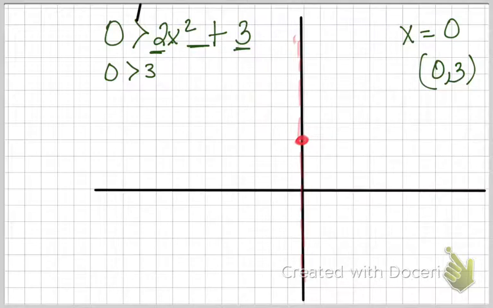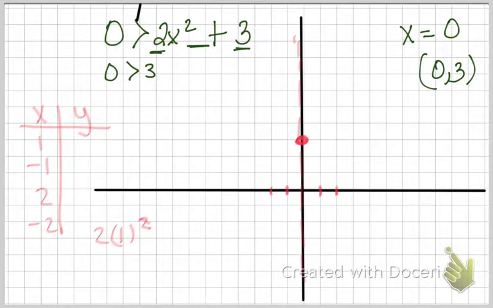And I'm going to go ahead and make my table. So I'm going to pick 1 and -1, 2 and -2, because I just want to go very sequential side by side. So x and y: 1, -1, 2, -2. So I'm going to plug in 1 squared times 2 plus 3.